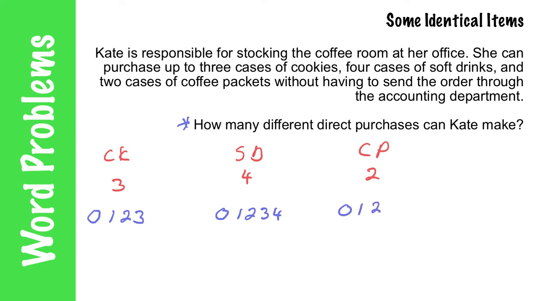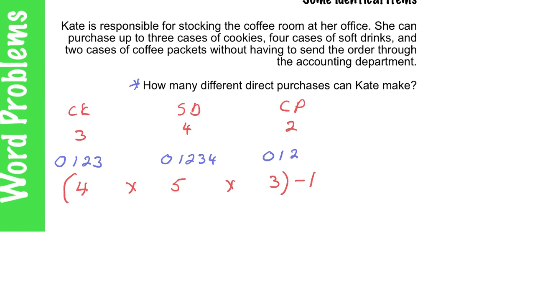So in this situation, then, we have 4 ways to order the cookies, 5 ways to order the soft drinks, and 3 ways to order the coffee packets. And again, since she's actually making a purchase, we would take away the case of the null set. And so when you multiply that through, that becomes 4 times 5 is 20. 60 minus 1 becomes 59.